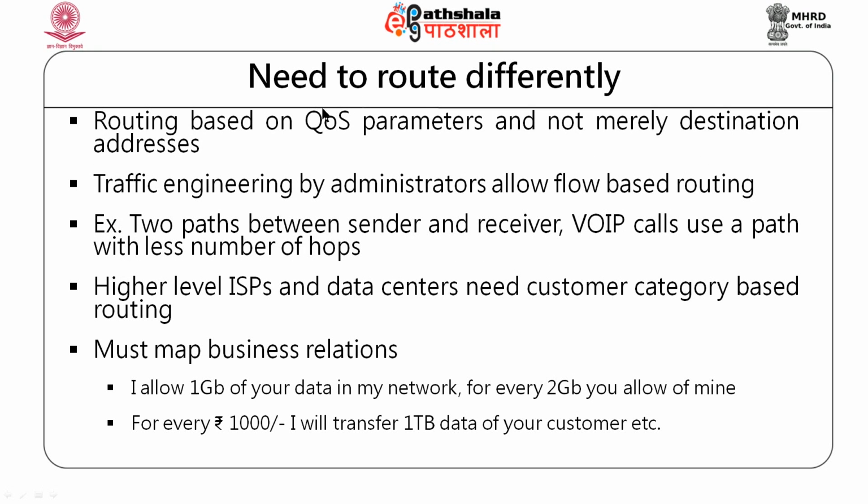Okay. The other thing which we have stressed many times in the past, and again an important theme for SDN, is routing based on quality of service parameters and not merely on destination address. And for traffic engineering, we need something called flow based routing.